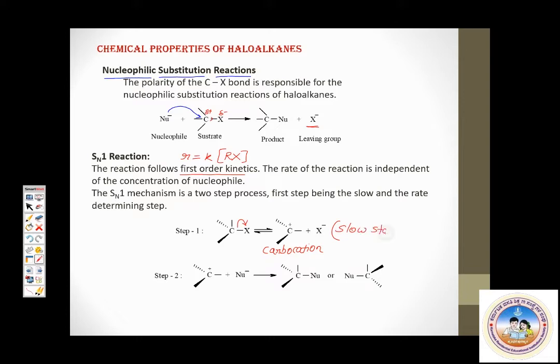Slow step or the rate determining step. Okay? Yes. And in the next step, nucleophile attacks carbocation to give the corresponding product. So all of you have studied this mechanism, SN1 mechanism, which is a two-step process.